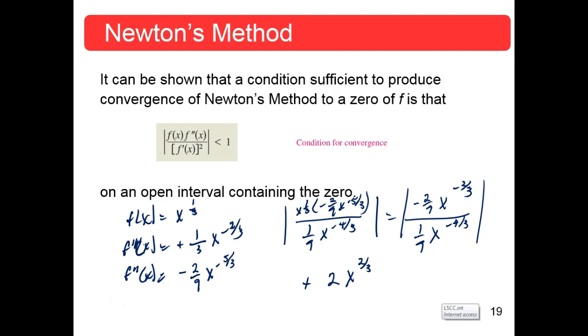So that's your 1/9 x to the minus 4/3. What is that showing? Okay, this guarantees that you're going to have convergence with Newton's method, if this is true.